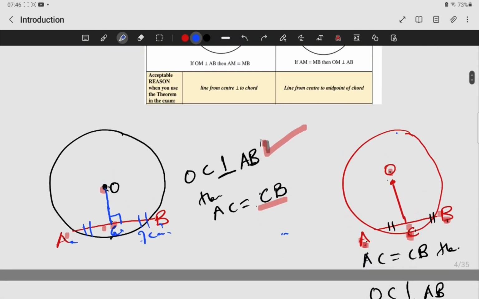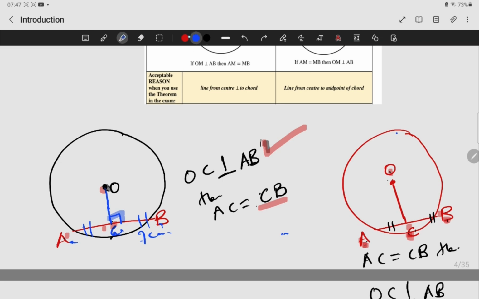For this theorem, as you can see, it gives us 90 degrees here. So it's going to give us a right angle triangle that you can use Pythagoras on. Why? Because we can construct a radius here. A radius, we said, is a line from the center to the circumference.